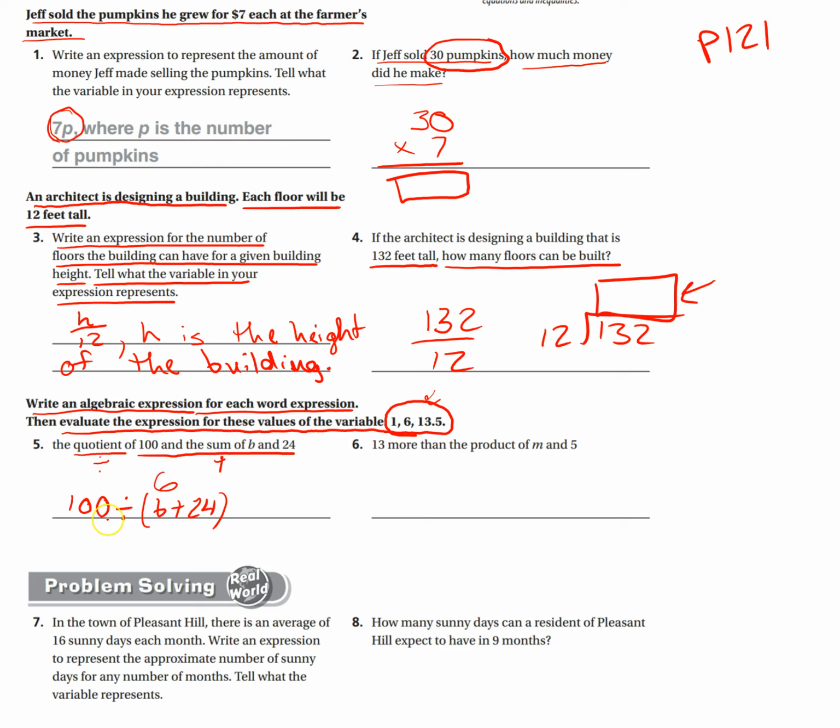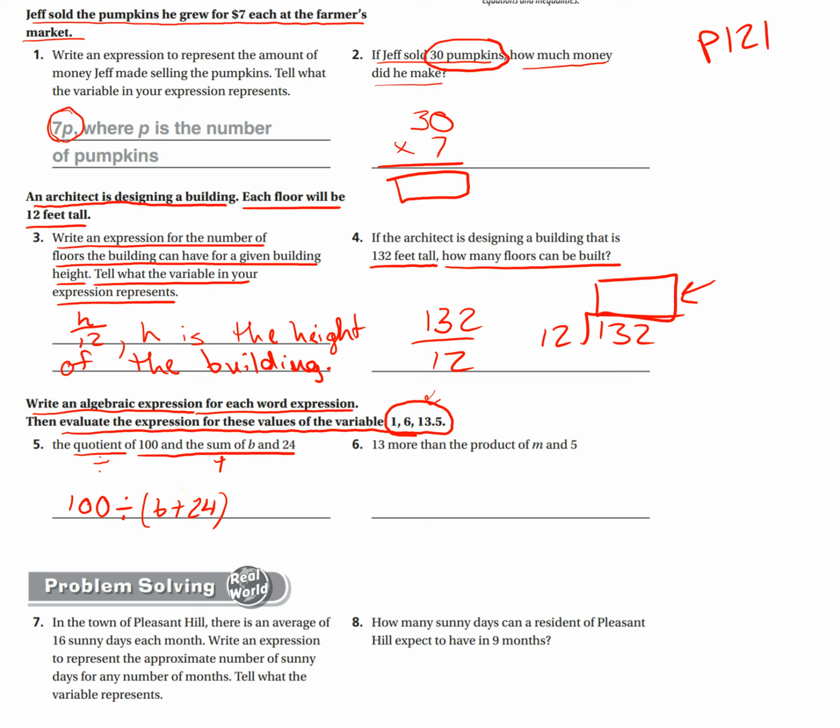So 100 divided by 30. That will give you your next answer. And then lastly, you plug in 13.5 for b. 13.5 plus 24. That is what? 37.5. So 100 divided by 37.5, and that will give you your last answer.